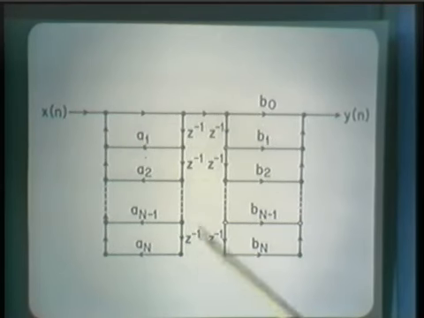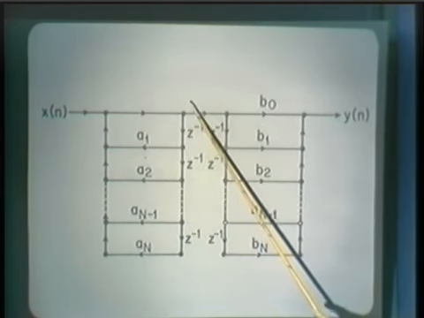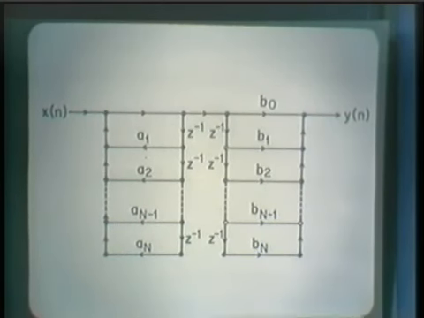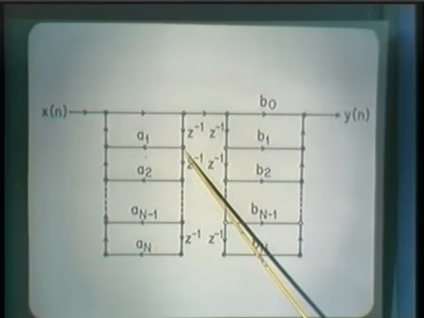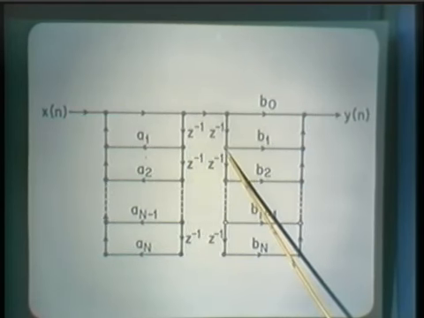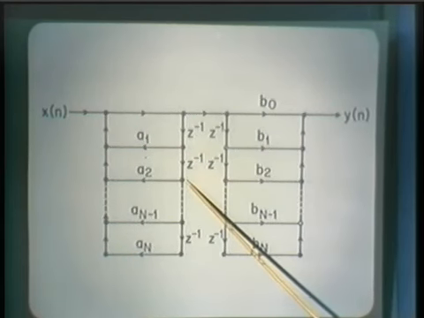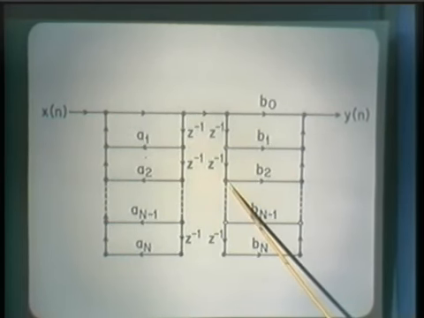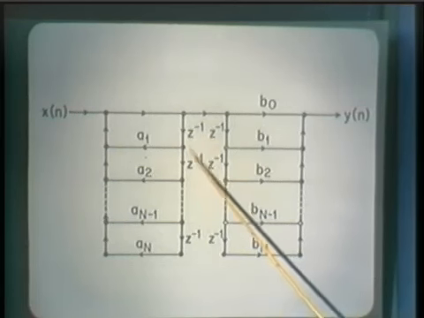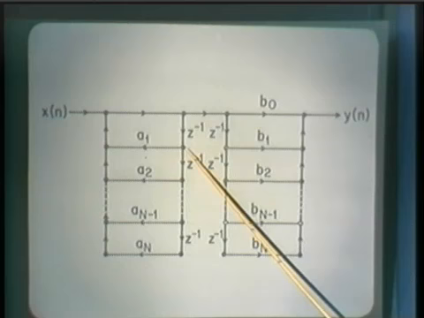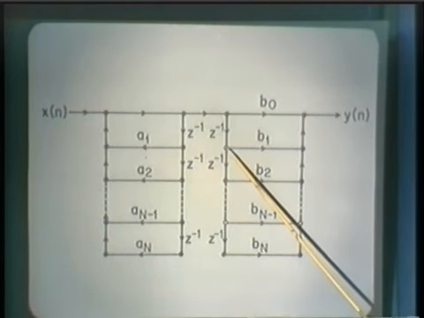Now, what does that mean? Well, if we consider this output to be y1 of n, the y1 of n that we had defined in the previous slide, the value appearing here is y1 of n minus 1, but the value appearing here is y1 of n minus 1. The value appearing here is y1 of n minus 2, and appearing here is y1 of n minus 2. And in fact, following this chain down, what we observe is that the output of this delay is exactly the same as the output of this delay.